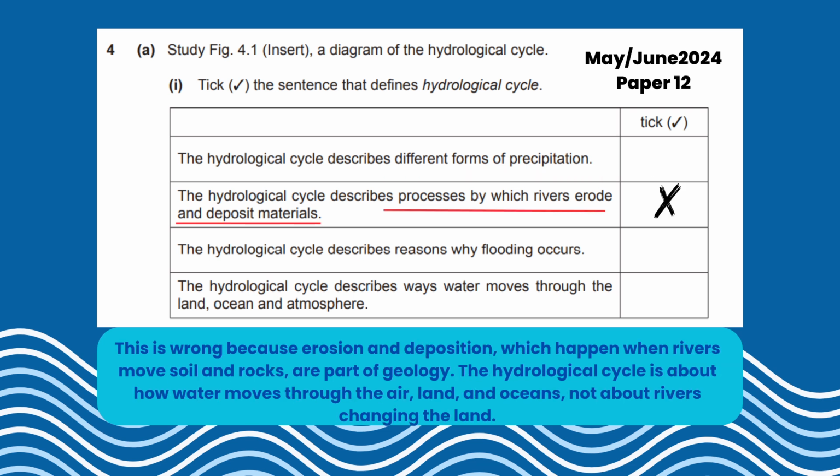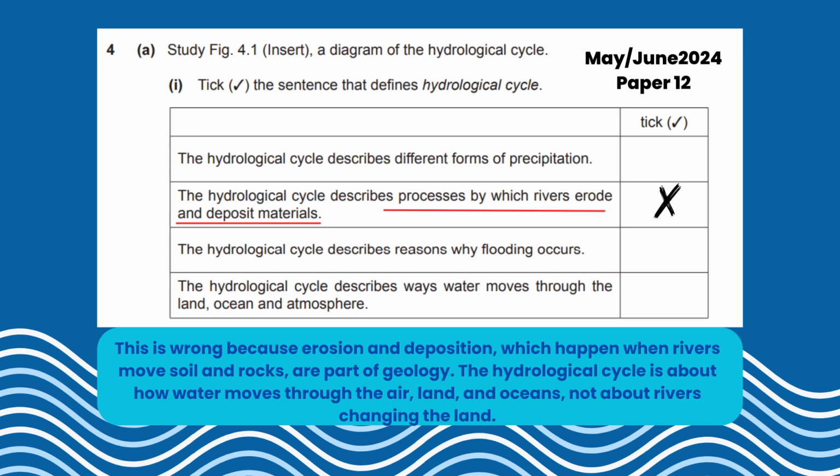The second option is, the hydrological cycle describes processes by which rivers erode and deposit materials. Now, there are two key terms in this item. Rivers erode, the word is erode, and deposit. Okay?